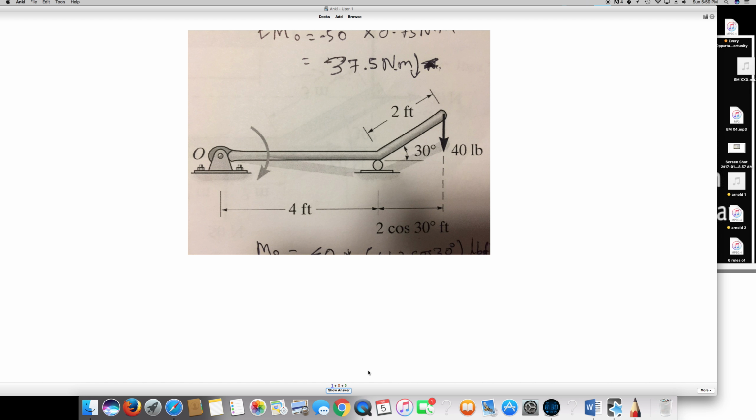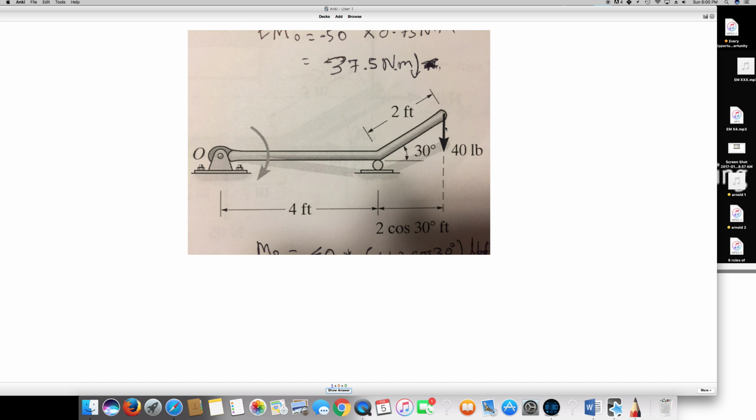That's all we have for today. Oh, we have one more question here. The distance is 40 lb force, and 2 feet, and 4 feet plus 2 cos 30.